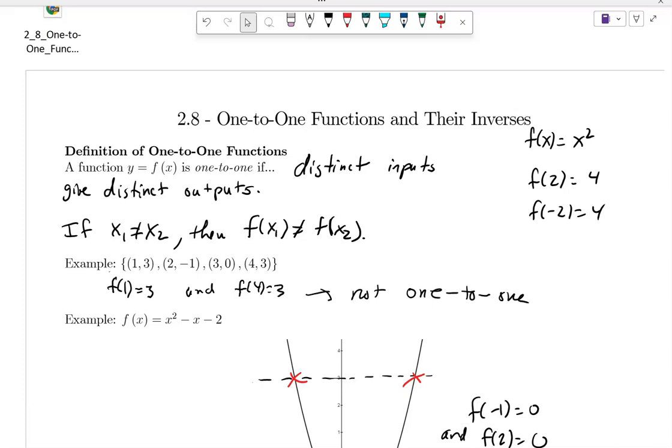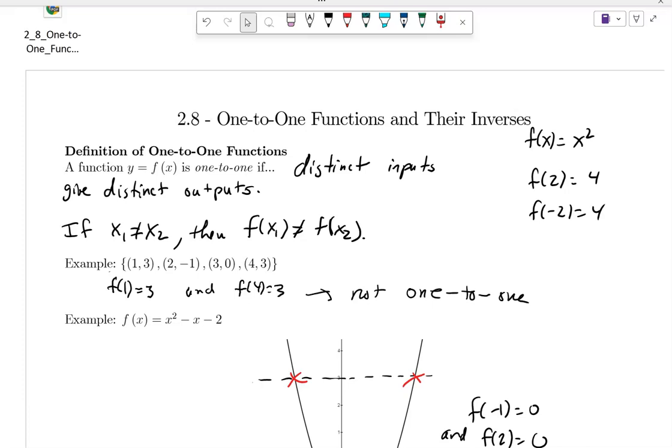No, because two different things did, right? So I can't undo squaring and get a unique answer, because I just don't know what went in first. It could have been 2, it could have been -2. I don't know which it was, right?